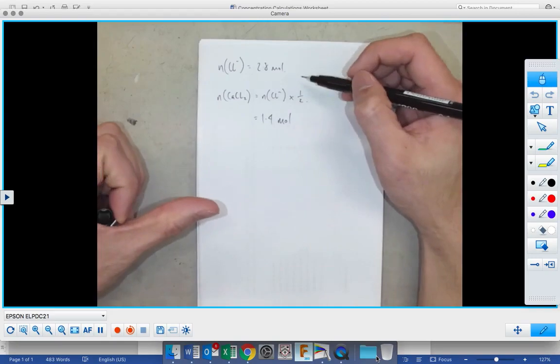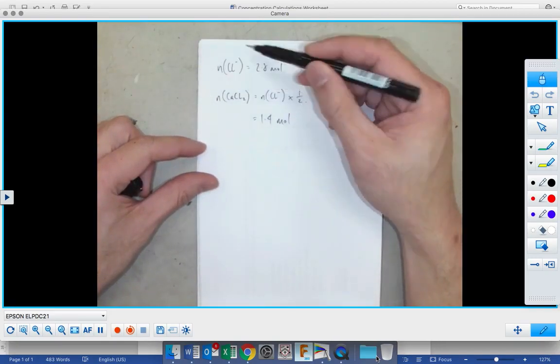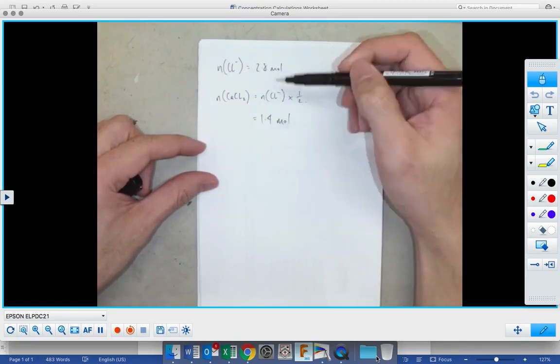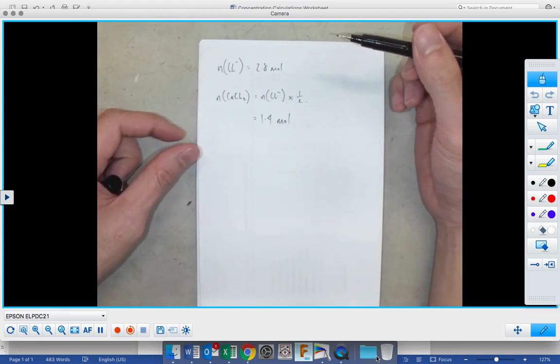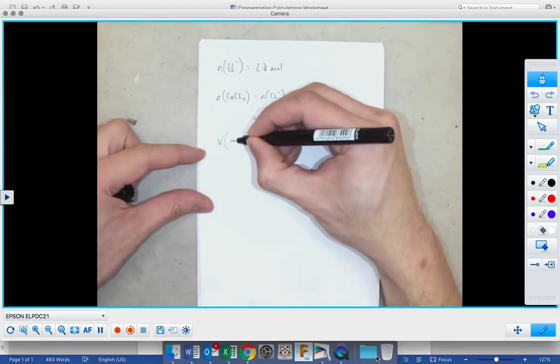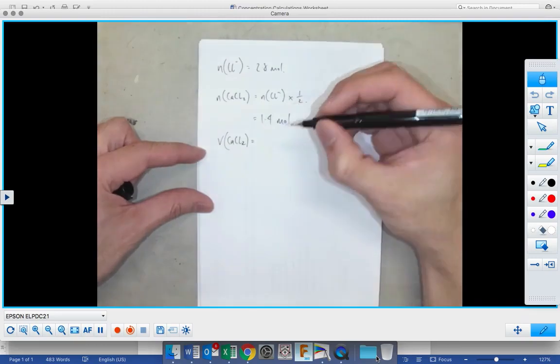So this is what I'm talking about. Read the question. You need 2.8 moles of chloride ions. You've got calcium chloride, so you're going to need to apply a ratio of the ions in it. Now we need to work out what volume of calcium chloride I need. Again, I have to write out the formula.